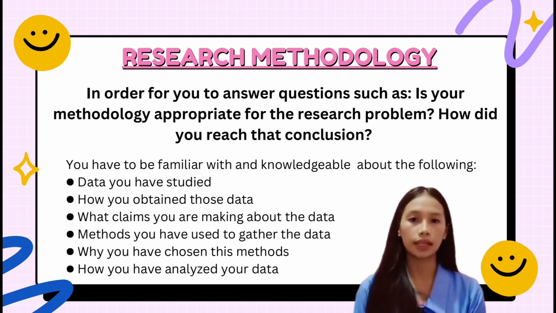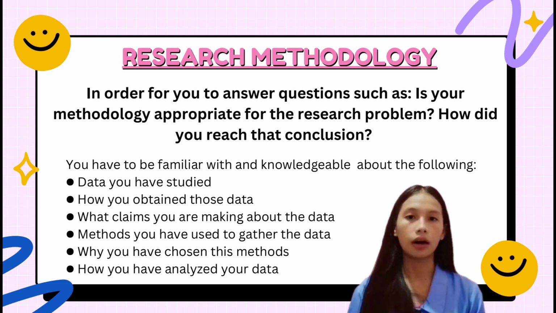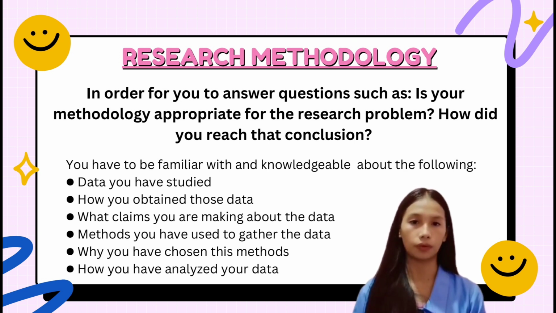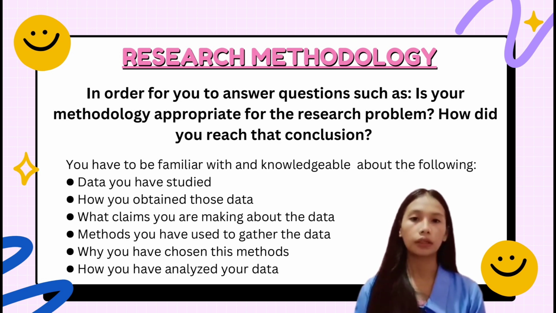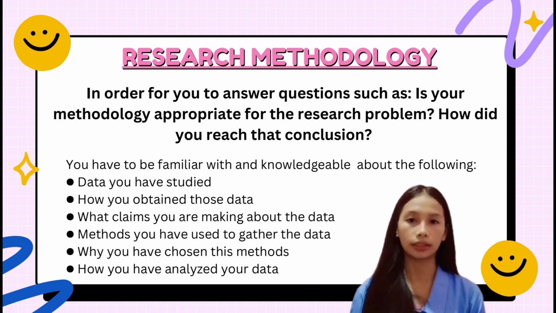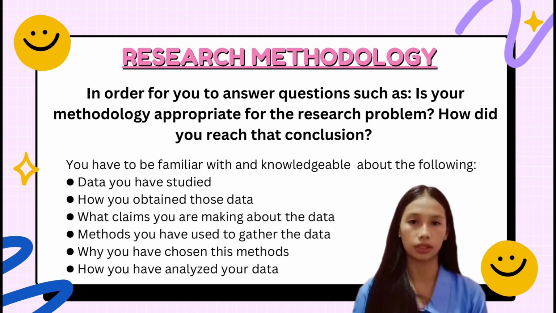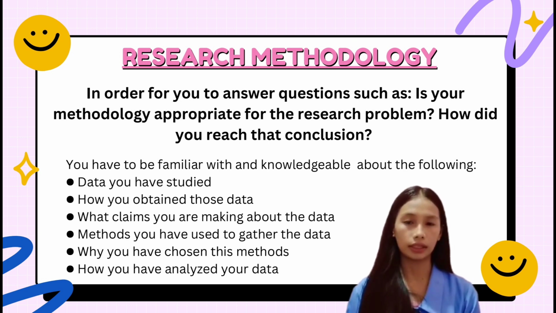So for you to understand, in the context of various kinds of reports, the research methodology typically forms a part of the method section in the structure, which is often referred to as IMRAD: the introduction, method, results, and discussion. The method section outlines the research methodology, including the techniques, procedures, and tools used to gather and analyze the data.